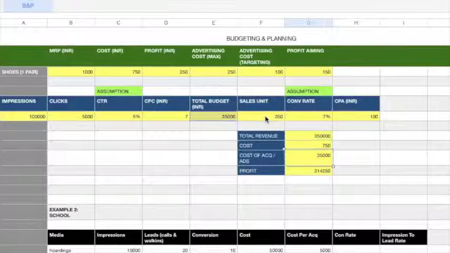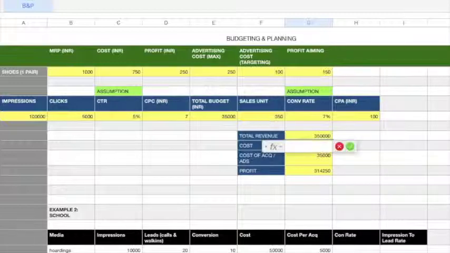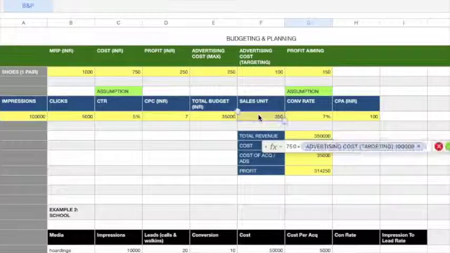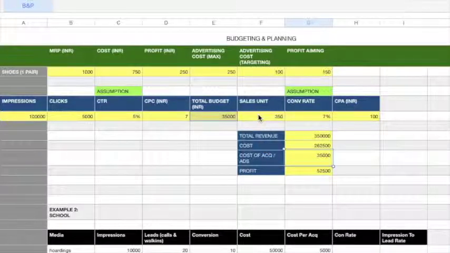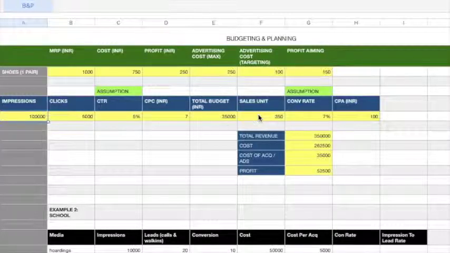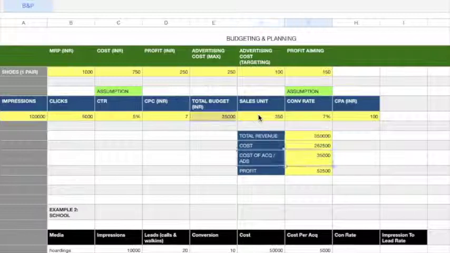So this is what your real profit is. This is what your real advertising budget is. And of course, we have to do this also. So 750 is my cost of procurement into the number of sales units. So this is your final model, which is ready. You change your impressions, change your clicks, whatever you change, this table is going to change with a constant CPA of $100, right?